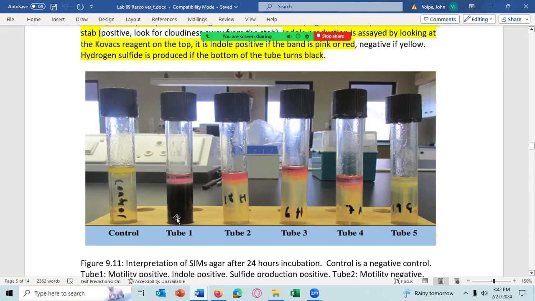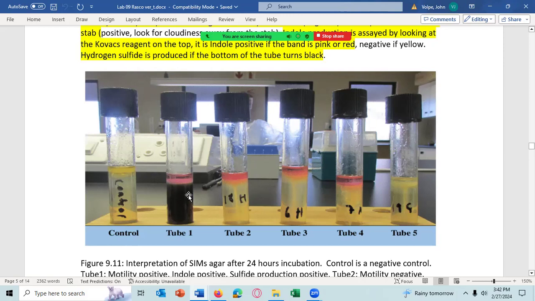This one, you can't see the bacteria because the media is black, but because the blackness is everywhere, you can assume the bacteria has gone everywhere. If we had looked at it earlier, the blackness would have been more towards the center, and you could have seen that it had been cloudy on the edge. So this bacteria is motile.